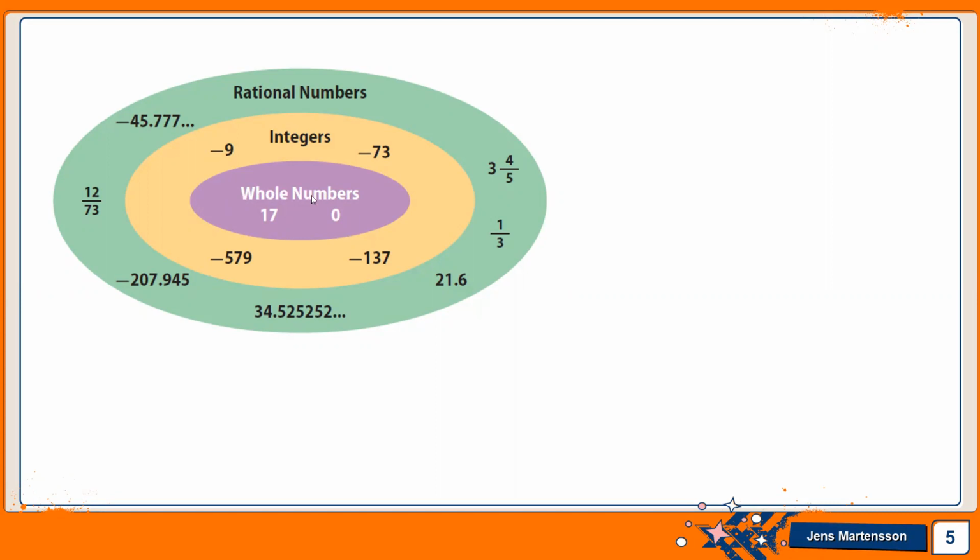What do I mean by whole? Not decimals, just the numbers 1, 2, 3, 4, 5, 6, not 1.5, only whole numbers. And then we talk about the integers. The integers are all the positive and negative numbers and 0. So the negative numbers, negative 9, negative 73, negative 579, negative 137, 17, and 0.